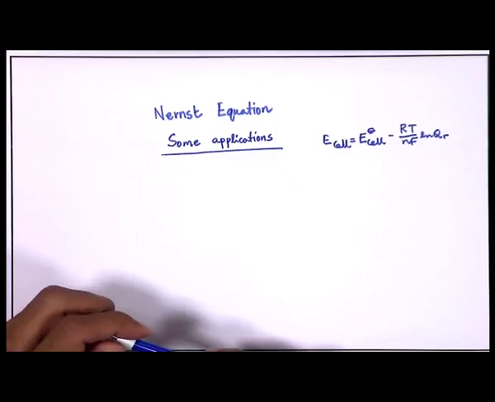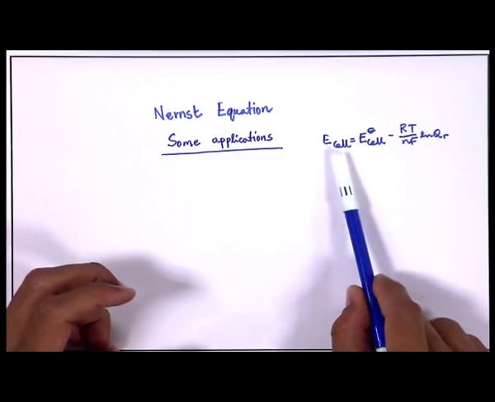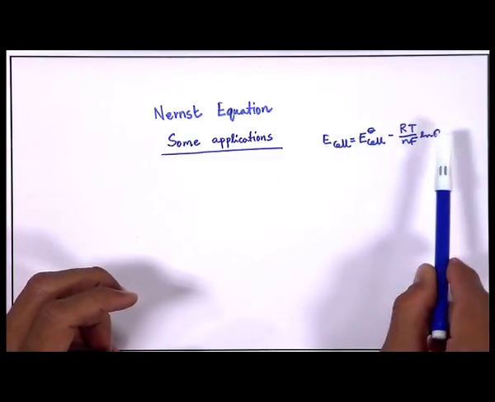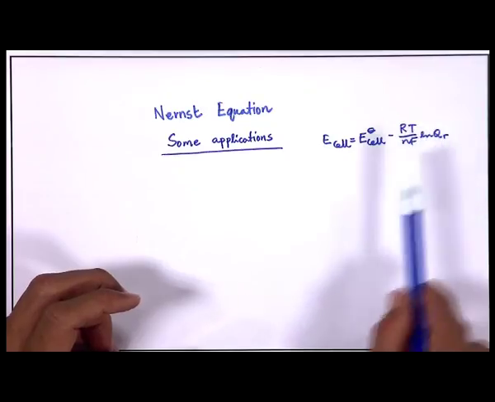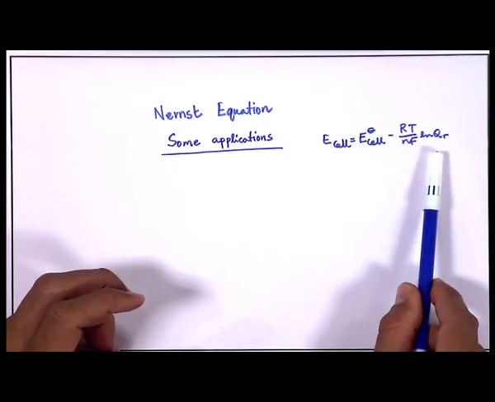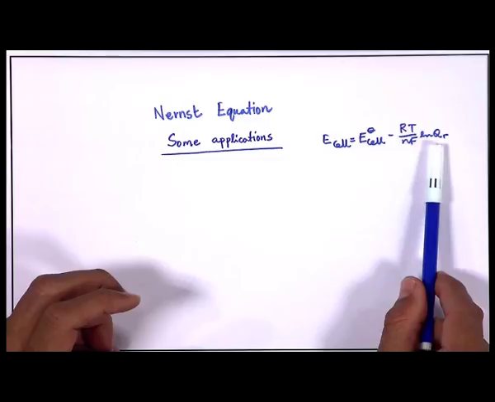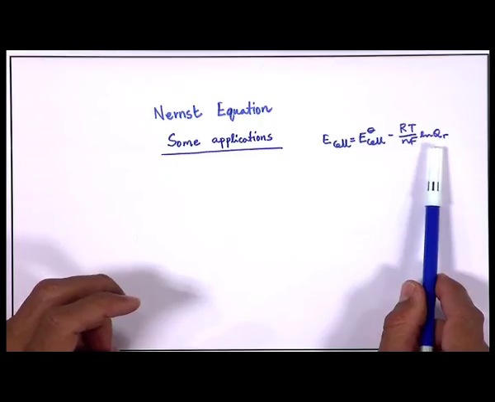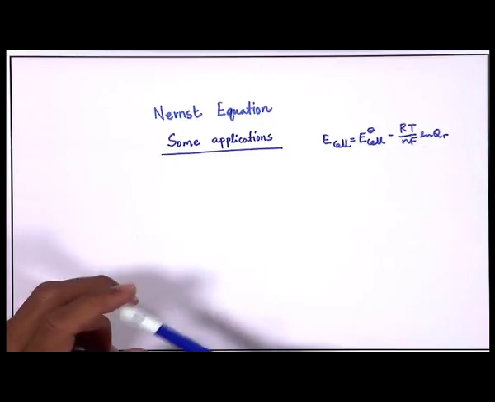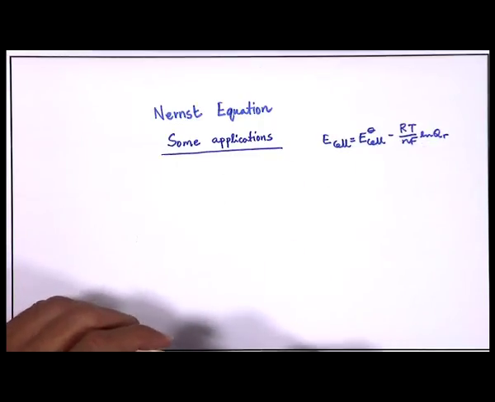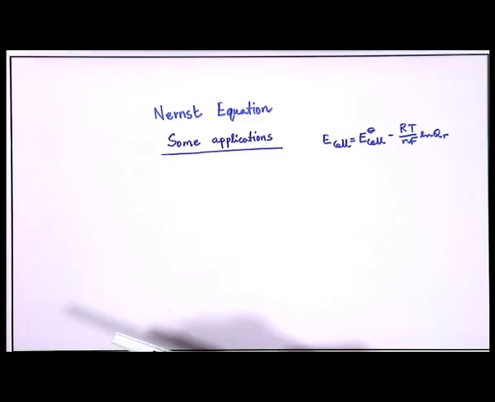Now, application means either you find out this one or you find out this one experimentally, and while finding out these quantities you would be able to know some other information with respect to the reaction under investigation.